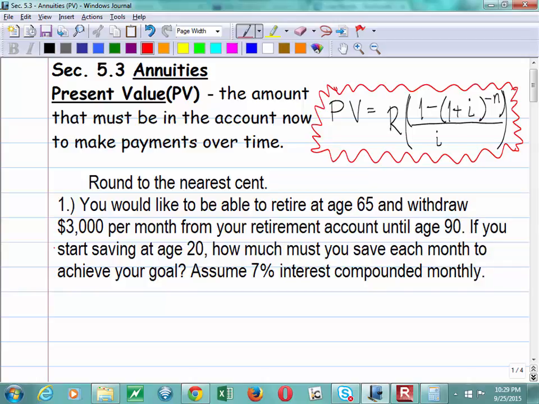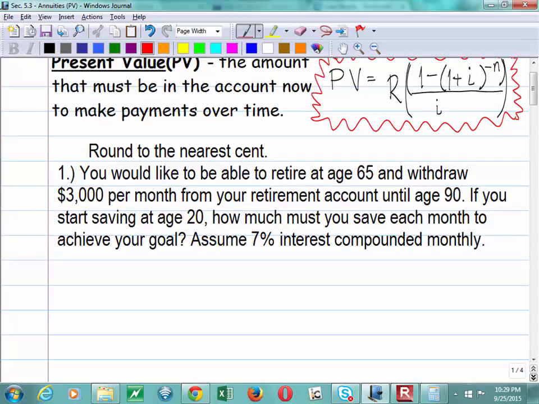So $3,000 is the payment that we want to be able to take out. So that's capital R. Alright. And then we're going to have lowercase r, the interest rate would be 0.07.